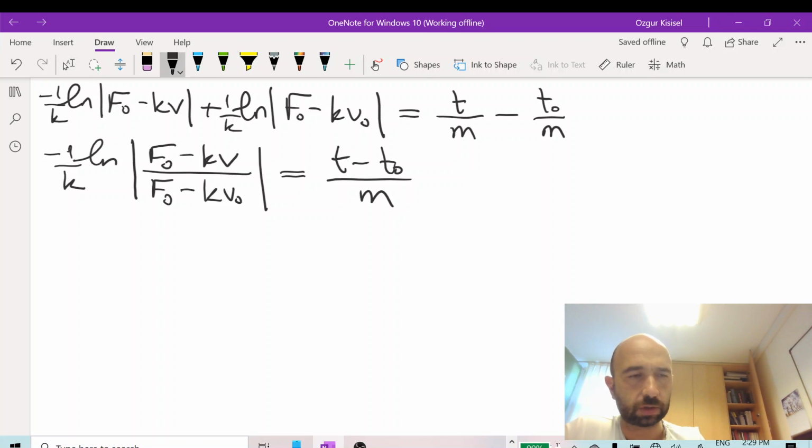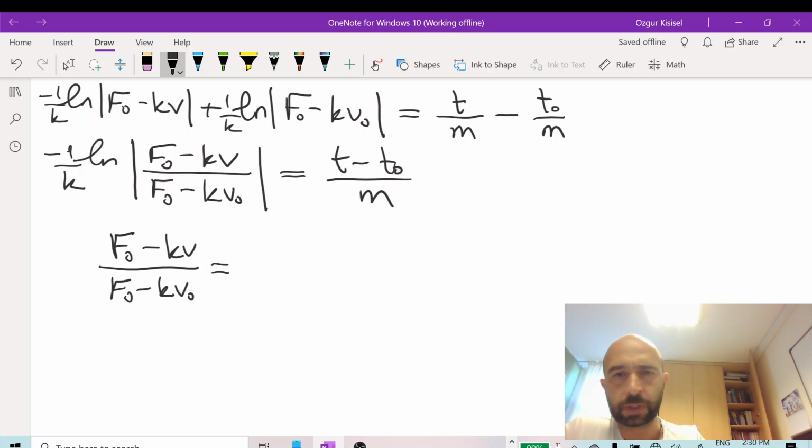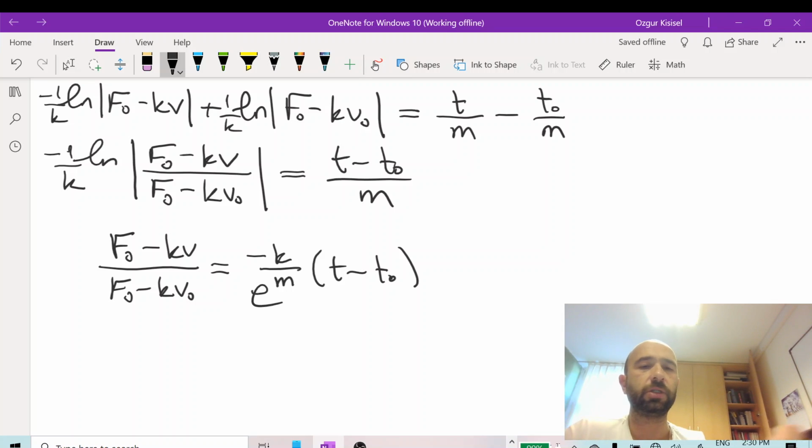You push this factor on the right side, and then you exponentiate. That gives, let me do two steps at once. This is minus k over m times t minus t0, all exponentiated.